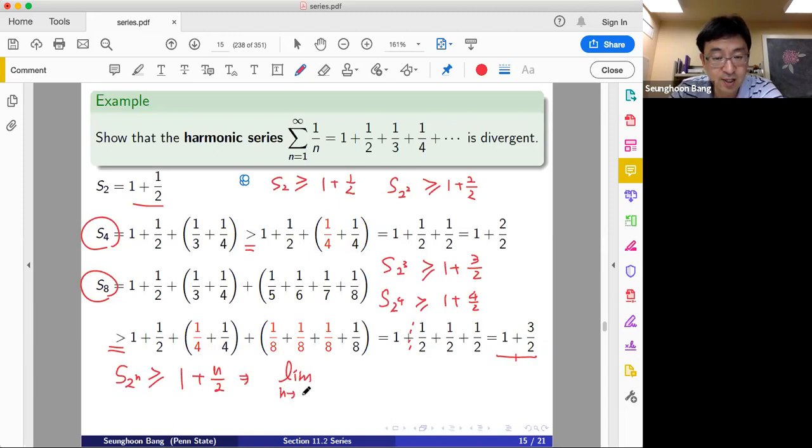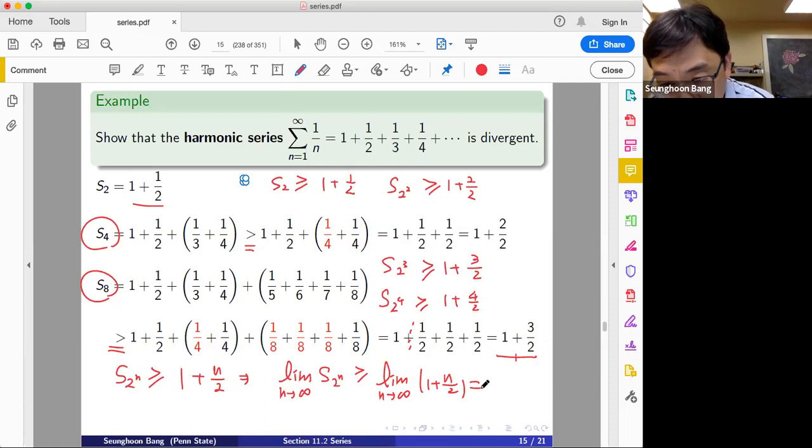As n approaches infinity, S sub 2 to the n is greater than or equal to the limit as n approaches infinity of 1 plus n/2. What is the answer of this one? What's the limit as n is going to infinity of 1 plus n/2? The answer is divergent. Is that right? Yes. It's not a special number.